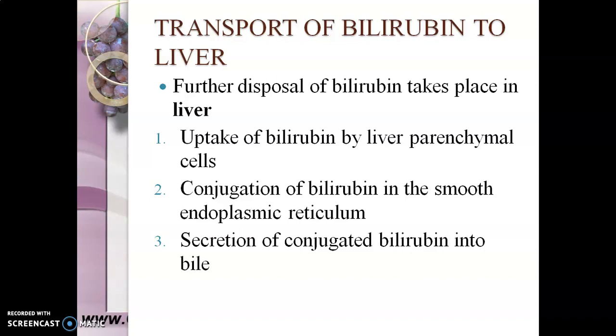The first step uses the enzyme heme oxygenase. The second step uses biliverdin reductase. So heme is first converted to biliverdin and then converted to bilirubin.